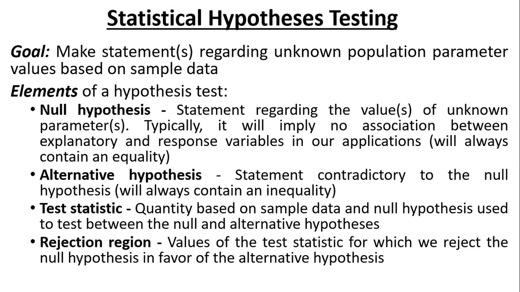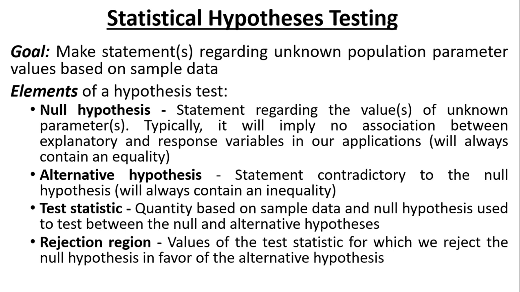The null hypothesis always refers to a hypothesis of no effect. In statistics, we assume that nothing happened. It's a statement regarding the values of the unknown parameter, and typically it implies no association between the explanatory and the response variable. So you will always say, okay, there's nothing happening; that's why we call it null, an empty.